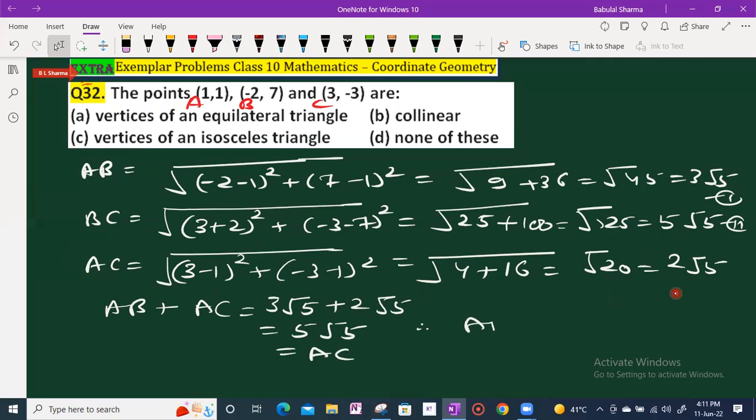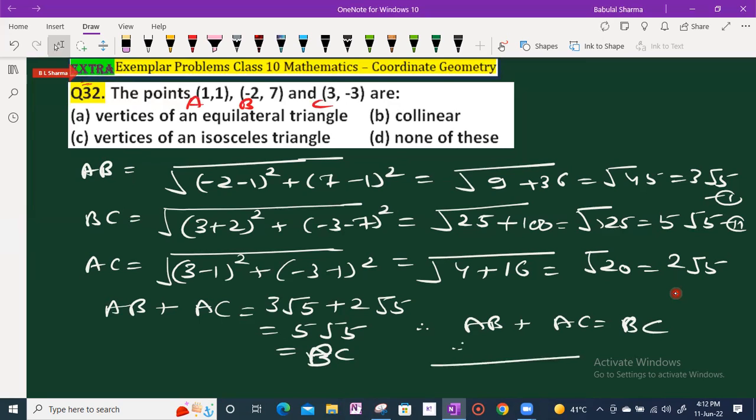So since AB plus AC, sorry, AB plus AC, and that is BC. AB plus AC is equal to BC. Therefore, the 3 points are collinear.